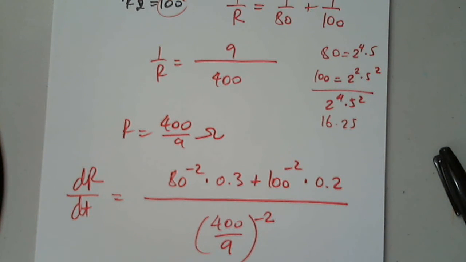Multiplied by 0.3 plus 100 to negative 2. I didn't put parentheses here. You may not need it, but I have to be consistent. Times 0.2.